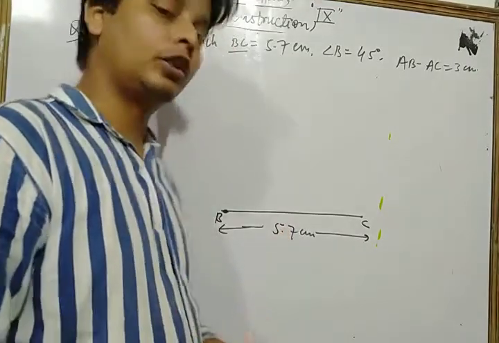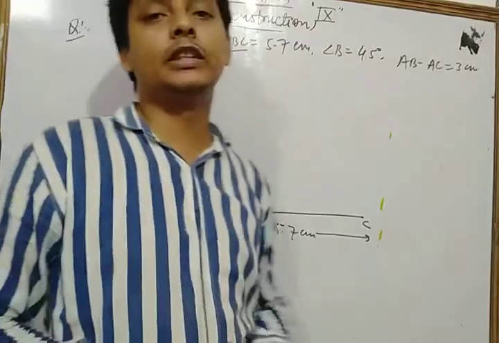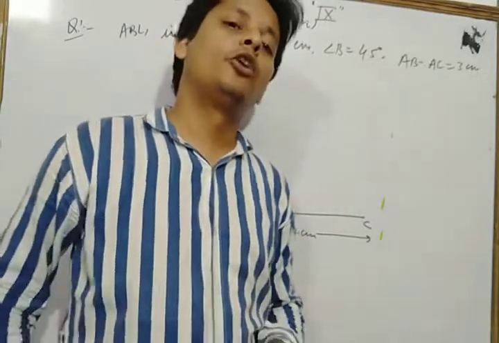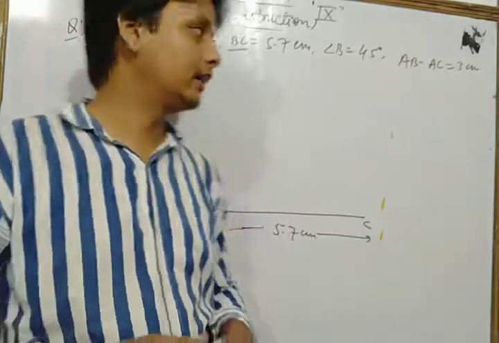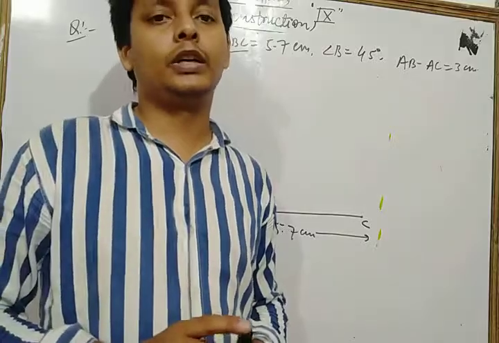And now what we do? We draw the one base angle as 45 degree. Dear students, you know very well the process to construct an angle of 45 degree with the help of ruler and compasses.